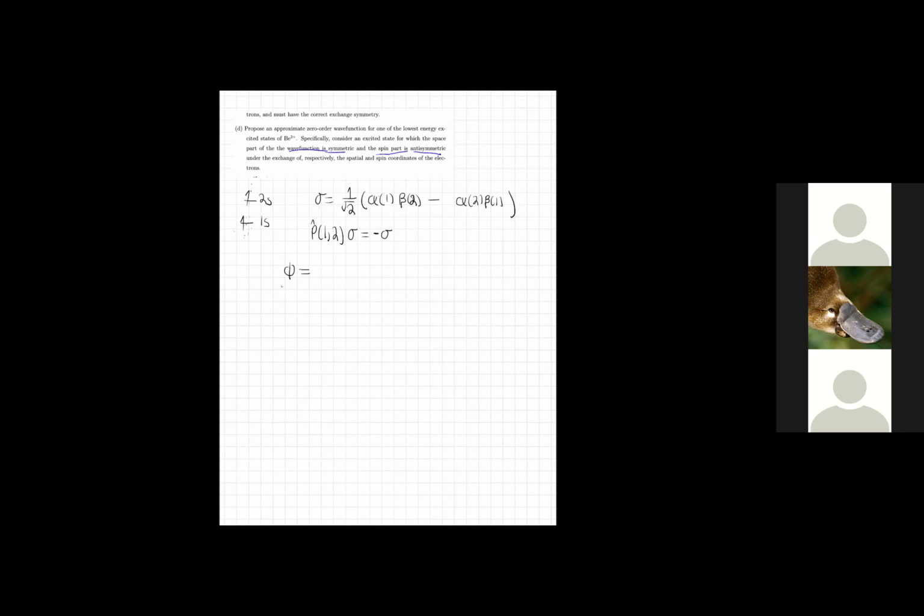1s1 and 1s2? Yeah, but we're gonna need another term. Think of it as the other probability of it being something else. Okay, it's gonna be 1s2 and 2s1.